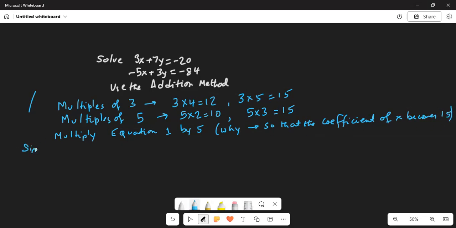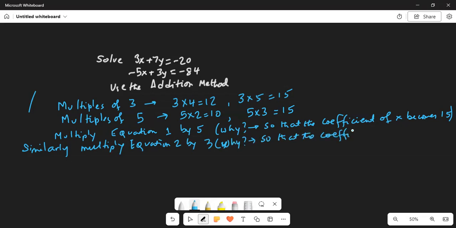Similarly, multiply equation 2 by 3. Why? So that the coefficient of x becomes minus 15, because it was already minus 5x.